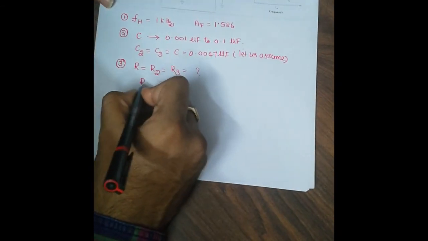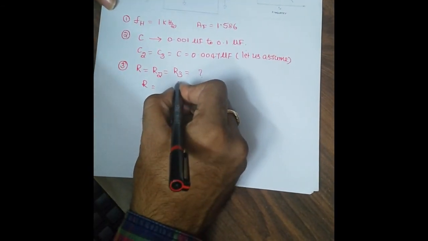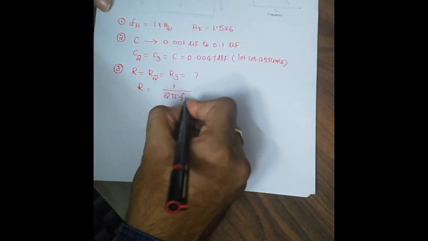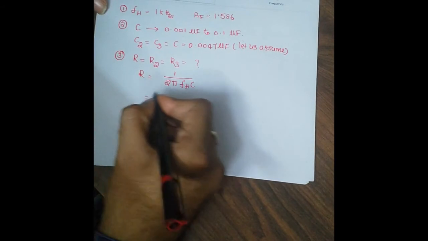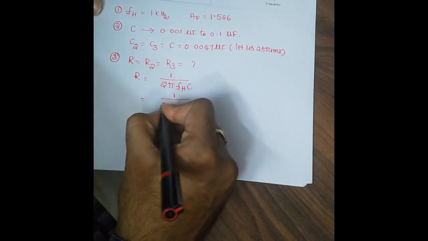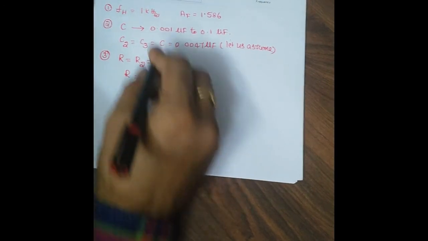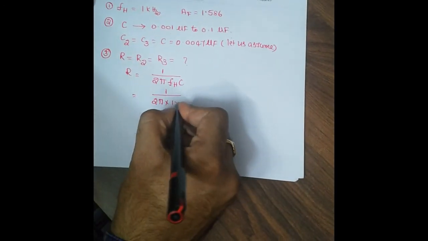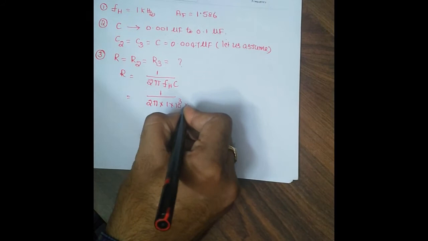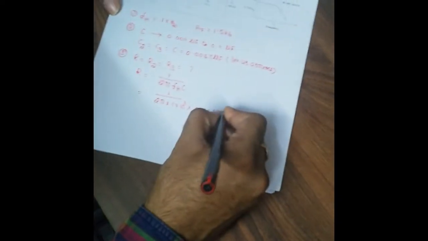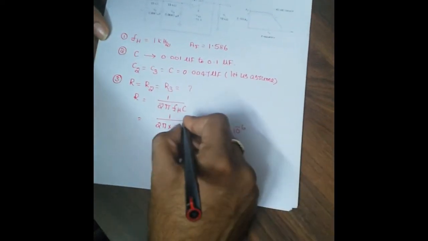In order to calculate it, we have the formula R equal to 1 divided by 2 pi Fh C. So 1 divided by 2 pi into the higher cutoff frequency, which is 1 kHz, that is 1 into 10 cube, into the C value, which I have selected as 0.0047 into 10 power minus 6.